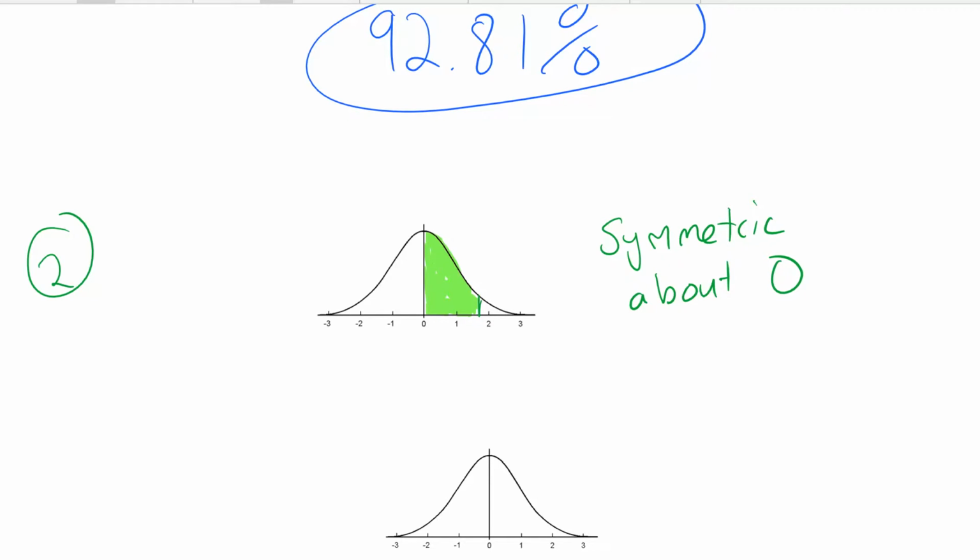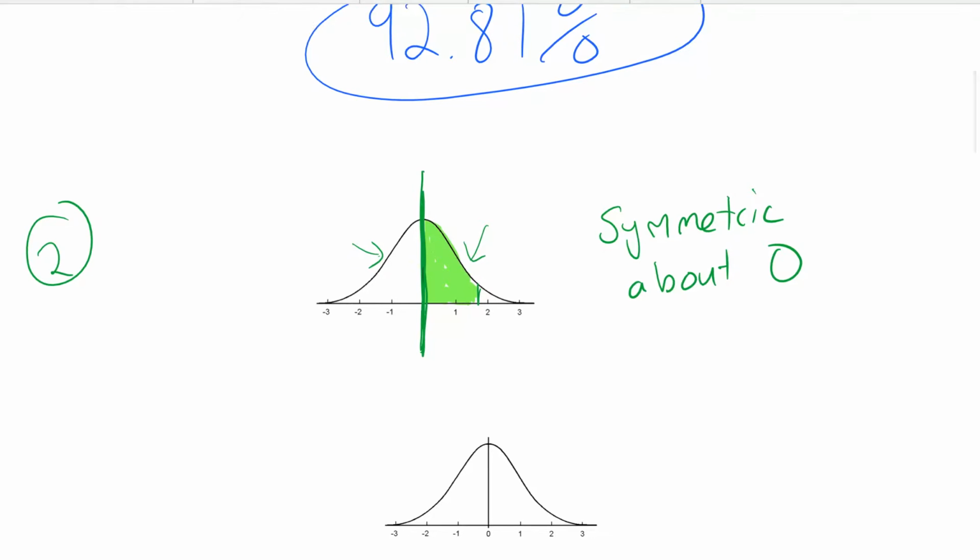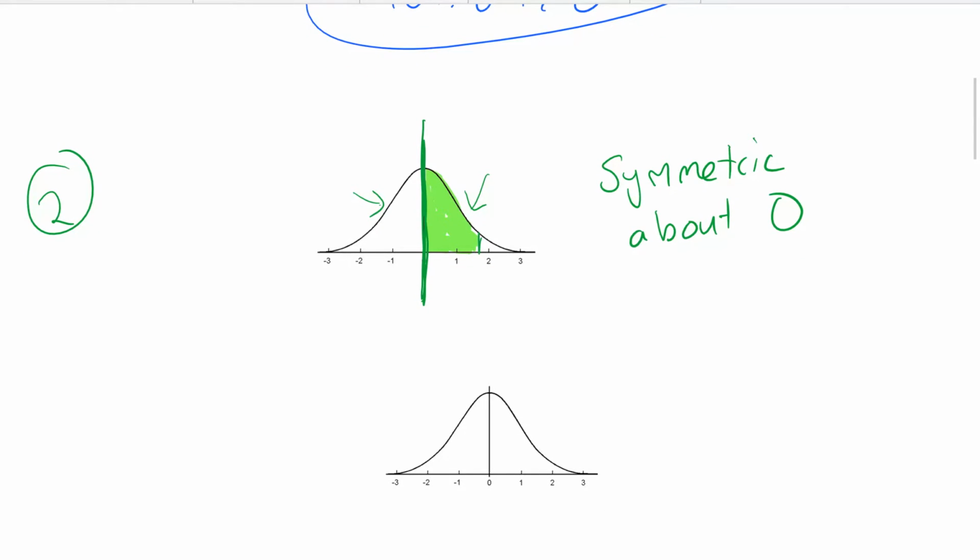That means if this curve was on a paper and we were to fold it along the 0 line here, this curve right here would match up perfectly with this curve here. That means the area of this region right there is 1/2 the area between negative 1.8 and 1.8.